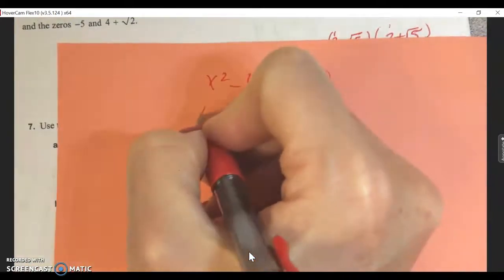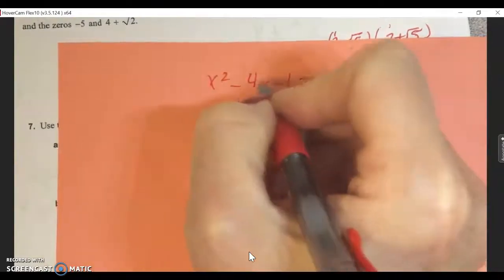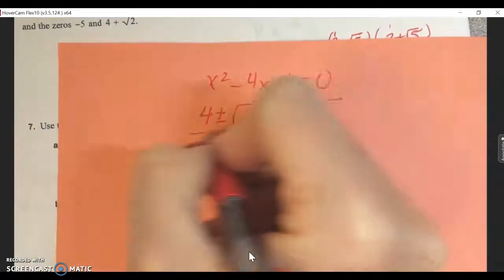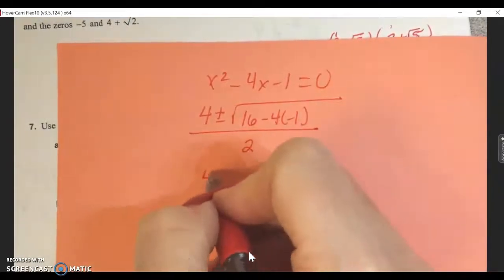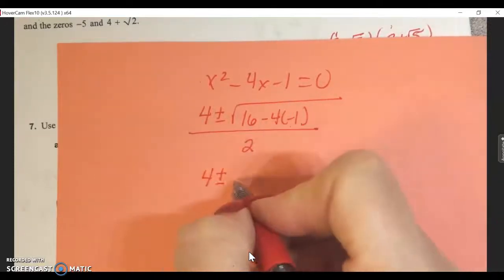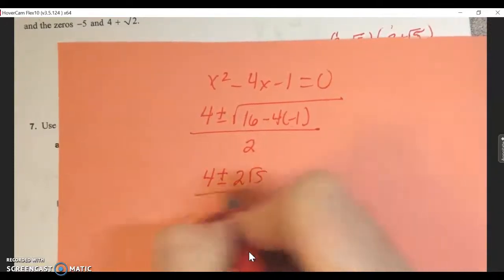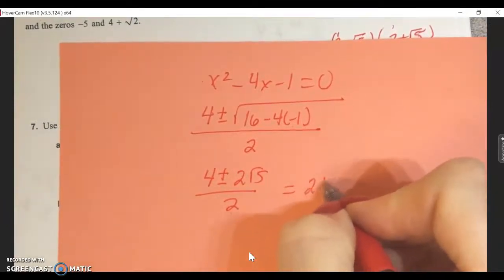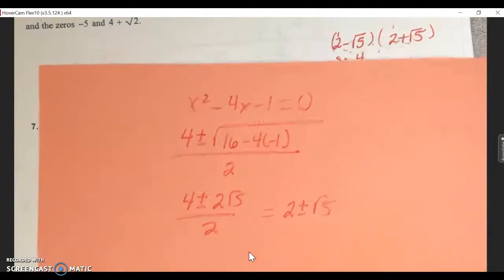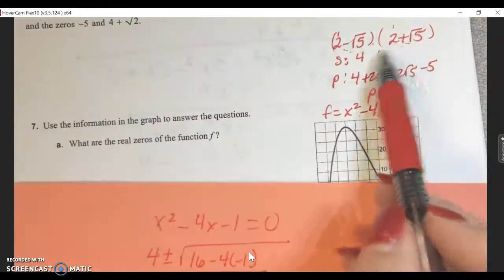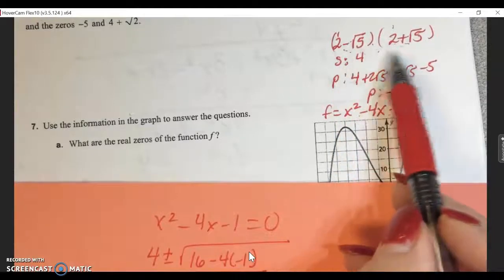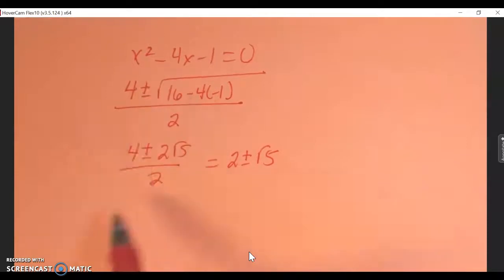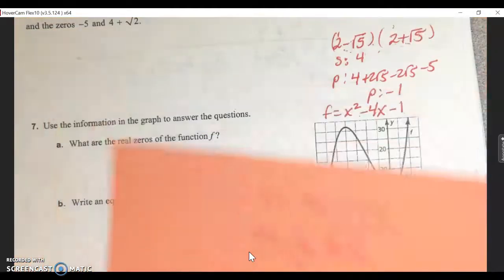So I can do negative b, which is 4, plus or minus the square root b squared minus 4 times a times c all over 2a. That gives me 4 plus or minus, that's 20. 20 is 2 radical 5. What does that simplify to? And isn't that the same thing that we set up here? Right? Those were supposed to be the solutions, and that's what we get for the solutions when we go back and solve those. Do you guys understand what we're doing there? Kind of like a double check.